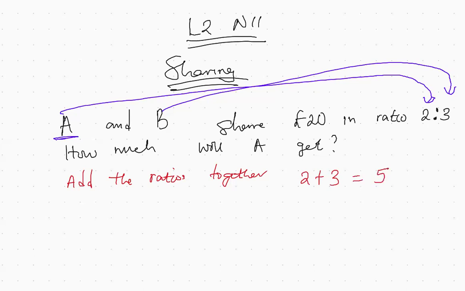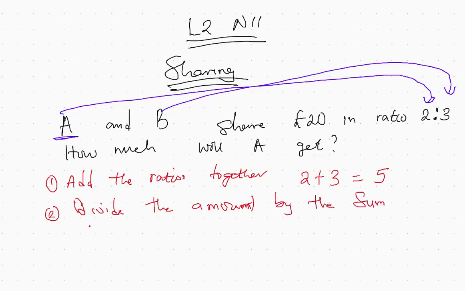Then the second step is you divide the amount by the sum of the ratio.